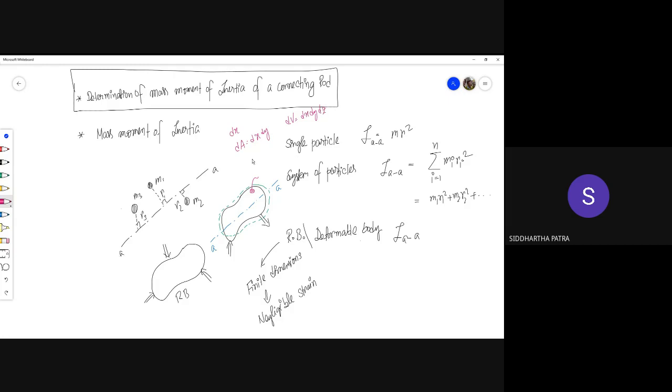You can imagine this differential mass is essentially this differential volume times the density, which may or may not be a function of the coordinates. If it is a homogeneous material, it might as well be a constant.